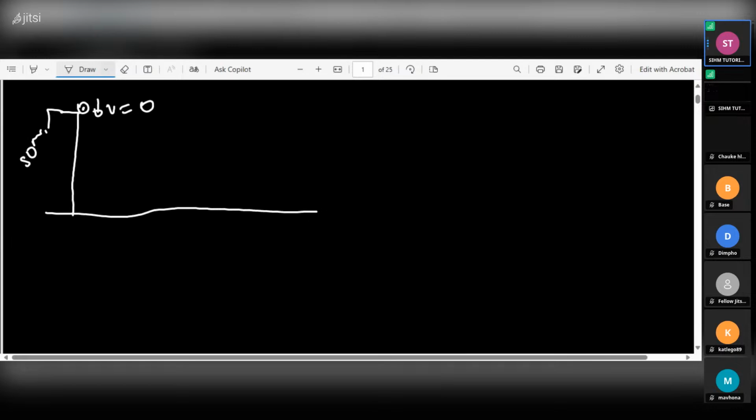It's just being dropped. As you know, we have v f squared equals v i squared plus 2 times the gravitational acceleration times the change in y. Remember, I wrote the change in y since we are dealing with the vertical height.